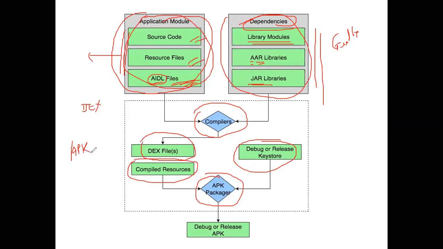It is nothing but the Android package. Sometimes it is also called the Android package manager. So .apk is nothing but the Android package. After that only, it can generate the actual APK file that can be installed on your Android phone or which can be observed on the Android virtual devices.